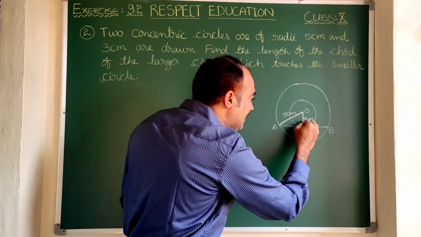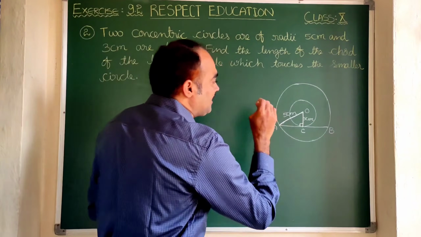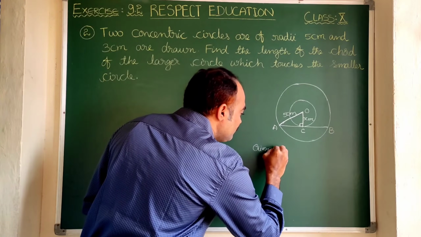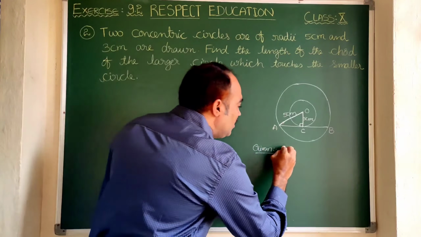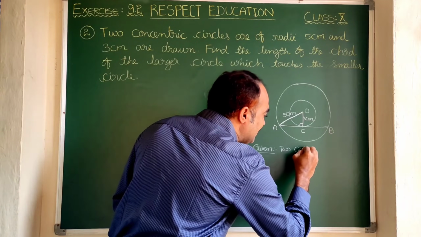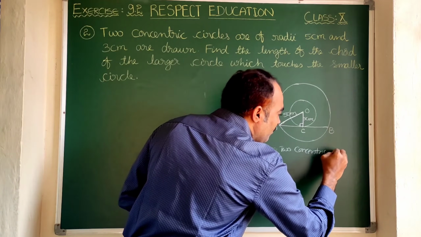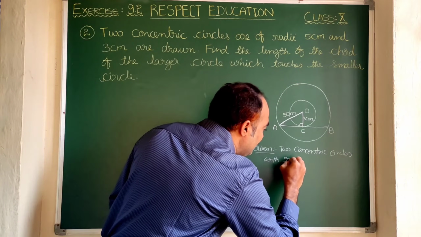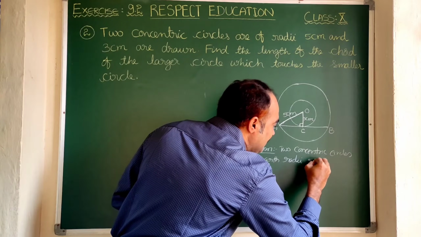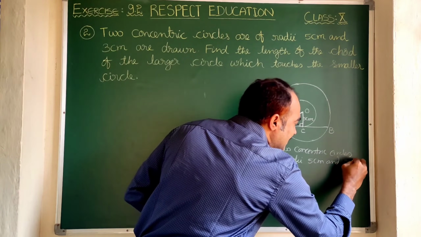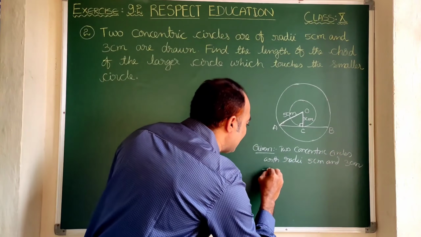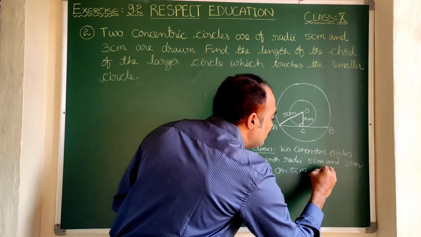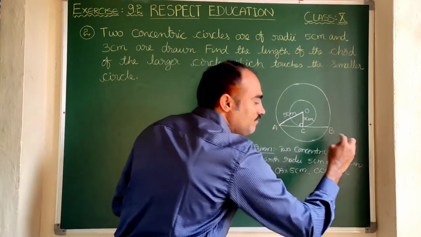As we know, angle at C is 90 degrees, right? So let us write here the given data. Given: two concentric circles with radii 5 centimeter and 3 centimeter. So here clearly we can write it as OA is equal to 5 centimeter and OC is equal to 3 centimeter.